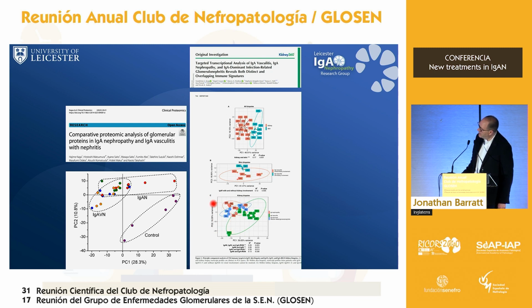And you can start seeing some common transcriptomic signatures, but you can see distinct signatures as well. So it may be that in the future, with more detailed high-resolution evaluation of the kidney biopsy, we might be able to distinguish IgA vasculitis from IgA nephropathy. But at the moment, with the way we look at the kidney biopsy, we're not able to do that.